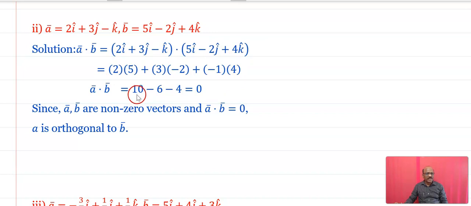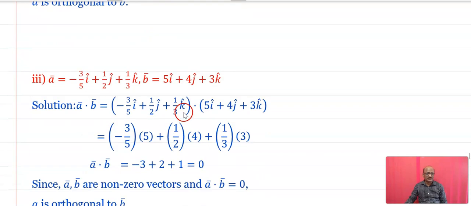What is 2 into 5? 10 minus 6 minus 4, and overall the sum is 0. Since a bar and b bar are non-zero vectors and their dot product is 0, therefore a bar is orthogonal to b bar. A bar is orthogonal to b bar means that vector is perpendicular to b bar.